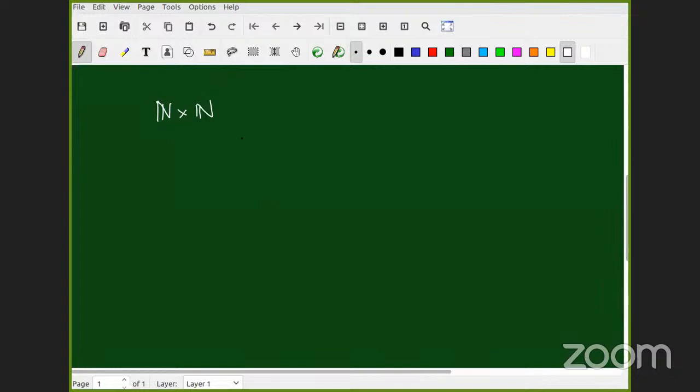Now let's draw and mark it as a picture. Here I will mark 1, 2, 3 on the x-axis, and here also 1, 2, 3 on the y-axis. Now, which point should I take first? R6, Radhika, start with a point.